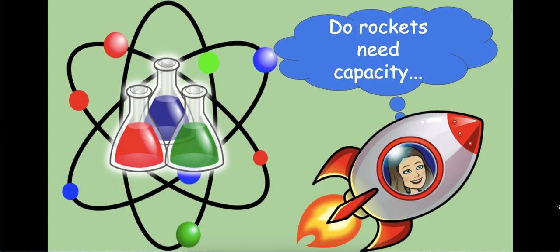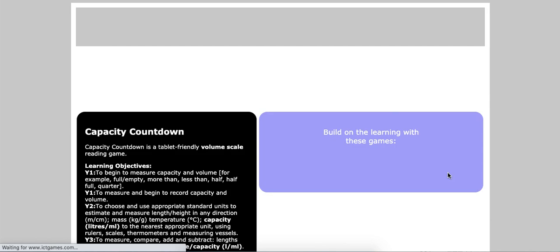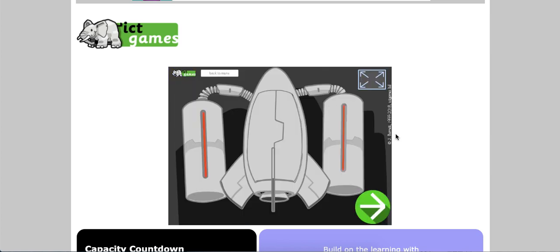Do you think rockets need capacity? Let's have a look. So we got a little game. Here's the capacity countdown. And I would like you to do it with me. So there's my rocket.